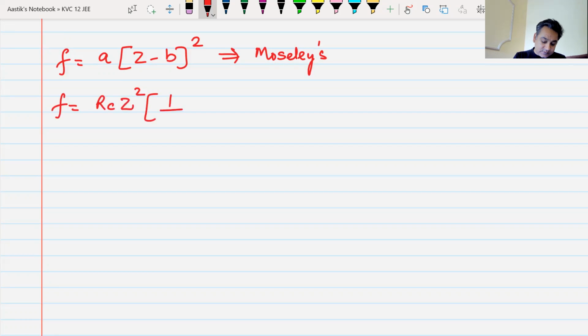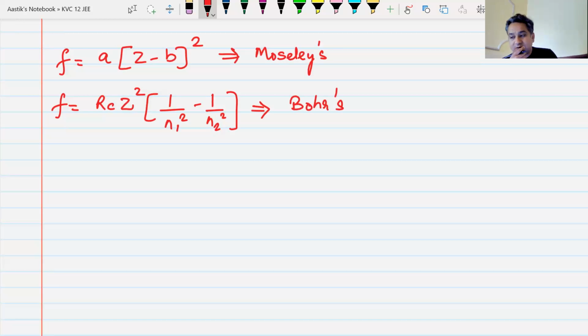It is this one: 1 by N1 squared minus 1 by N2 squared. Do you remember this formula? Bohr's transition from N2 to N1. Yes, sir.